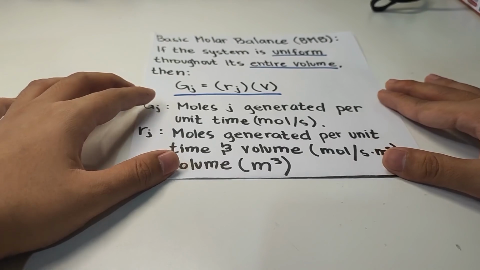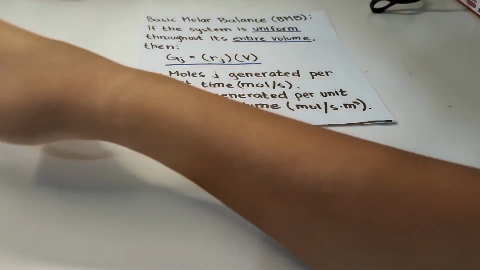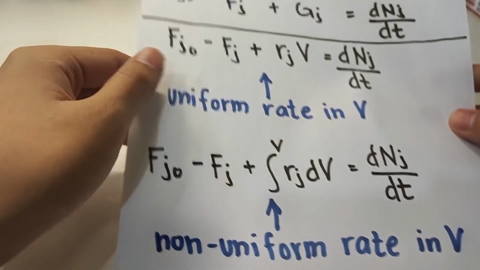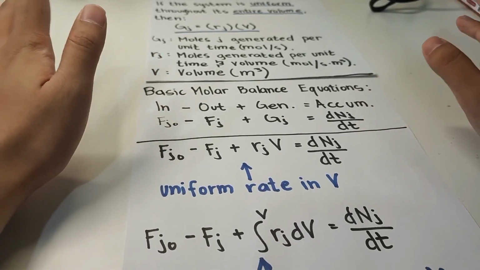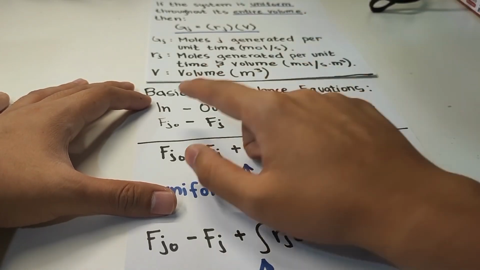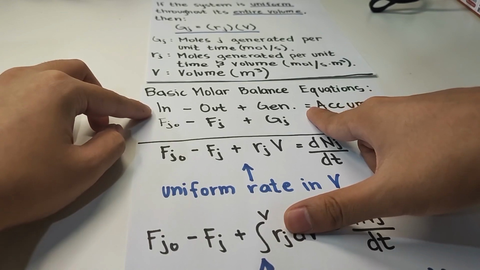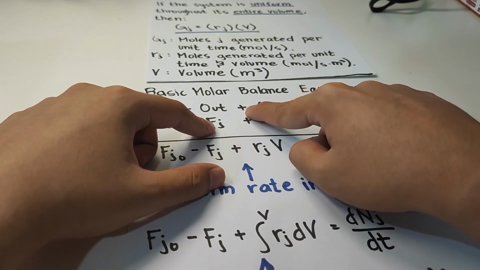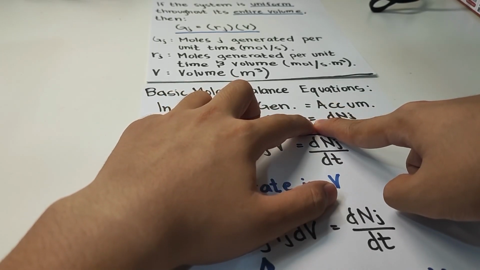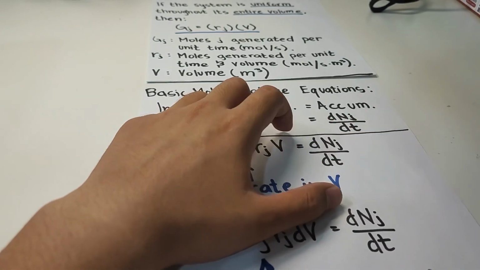So again, for the basic molar balance equation, we have in minus out, plus generation, which is Gj, equals accumulation, which is the rate of accumulation, the moles of J in the system at time t.